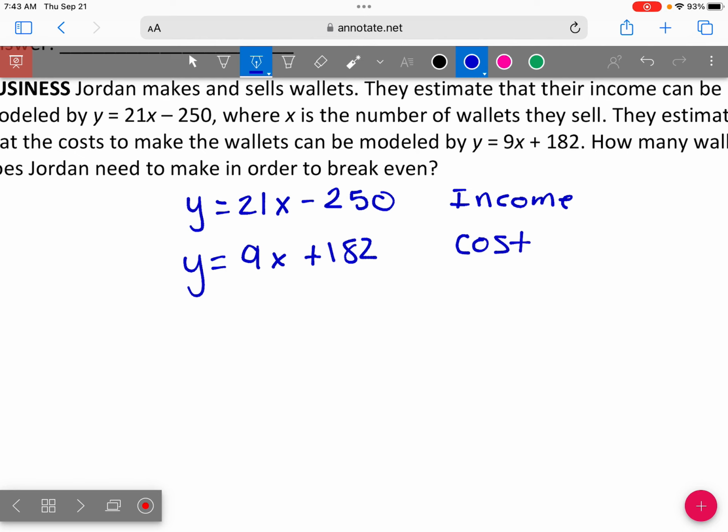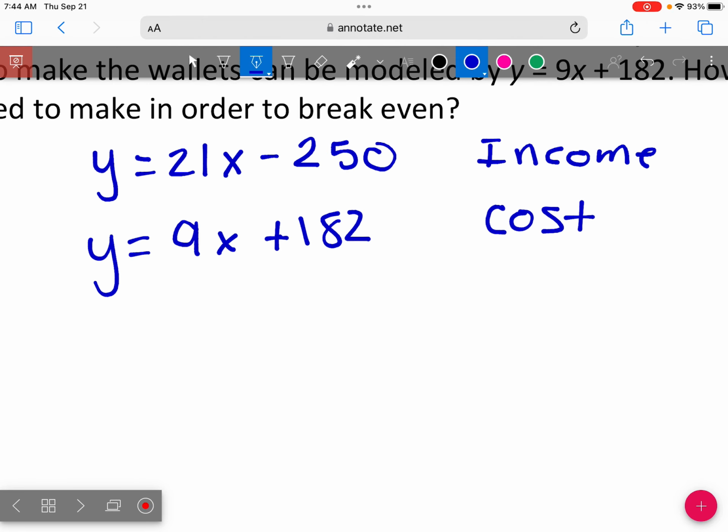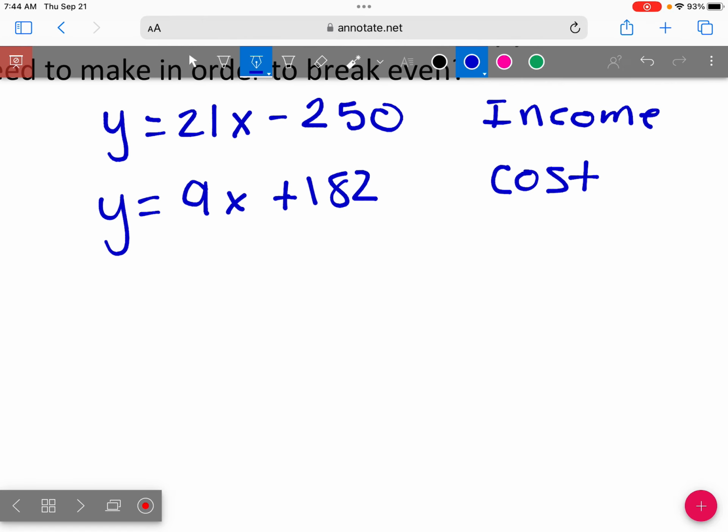And they want to know when they break even. They want to know when their income equals their cost. I want to know when they're the same. What can we do to solve this? Set them equal to each other. Yeah. It's like substitution. It feels weird, but it is substitution.